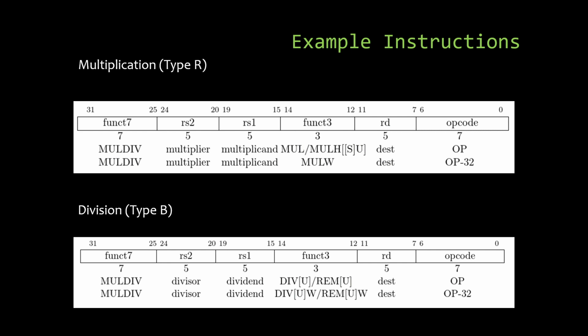Now with multiplication, because of the way that computers operate, you only have a specific amount of space inside of a register to store a value. So multiplication, the MUL command, will take only the lower 32 bits of the result, while you have to use MULH to take the upper 32 bits of the result. And then you would have to combine those values and save those values separately within memory.